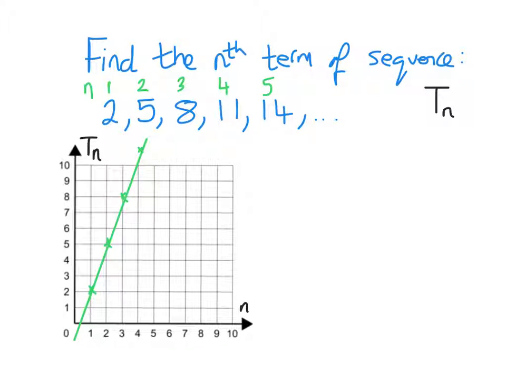Now if this was a graph, usually we'd have it as y equals mx plus c. We don't have this in quite the same form anymore, but it's very similar. Instead of y we'll have tn equals mn plus c.